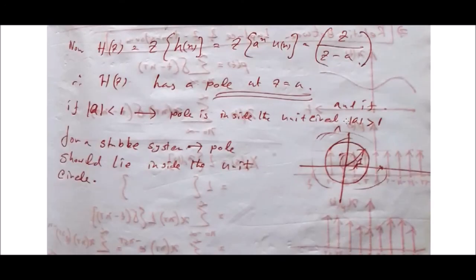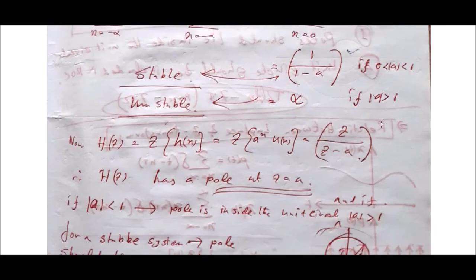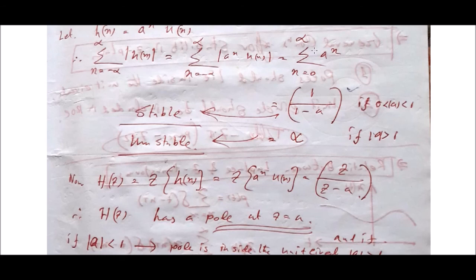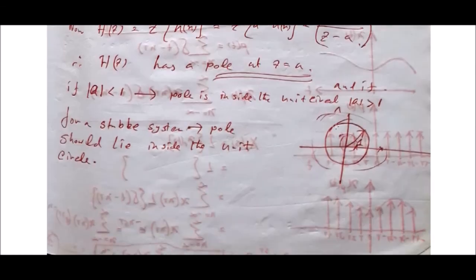So if this is the unit circle, your pole should lie here or here, inside the unit circle, not outside it. If it is outside the unit circle, that means the magnitude of a is greater than 1, which will make this GP series non-convergent, which is not desirable. This should be convergent, that means a should be less than 1, that means your pole should be inside the unit circle.